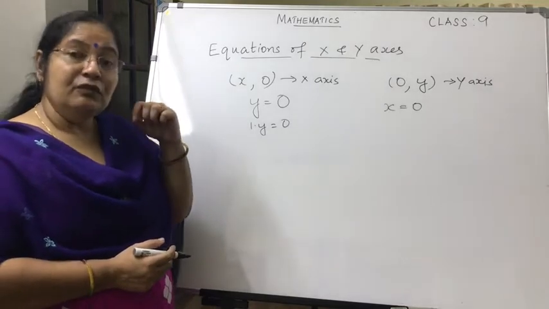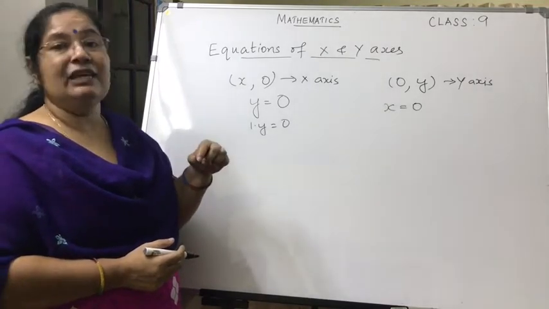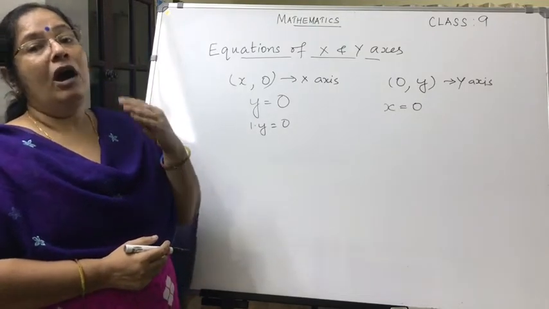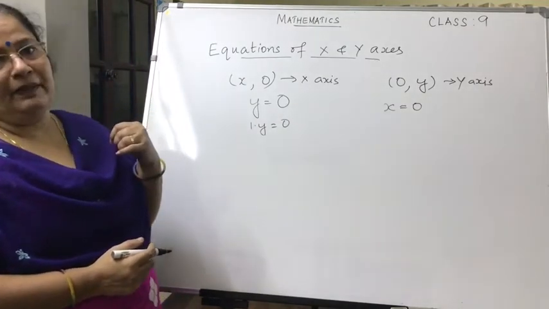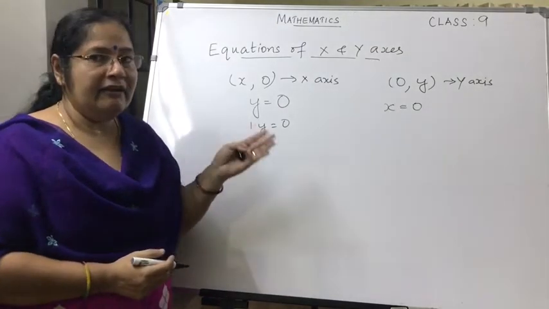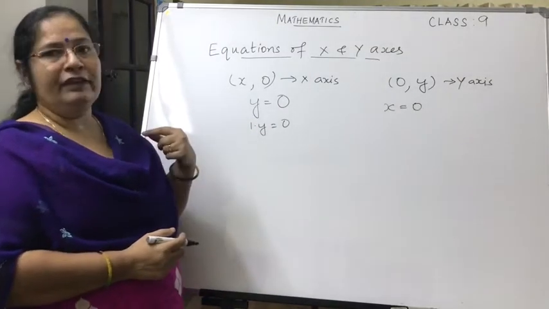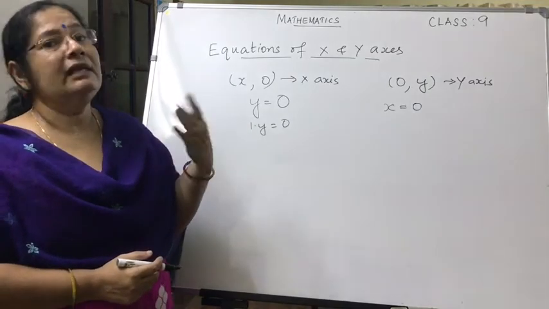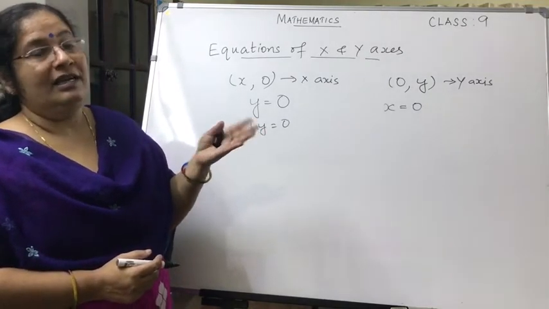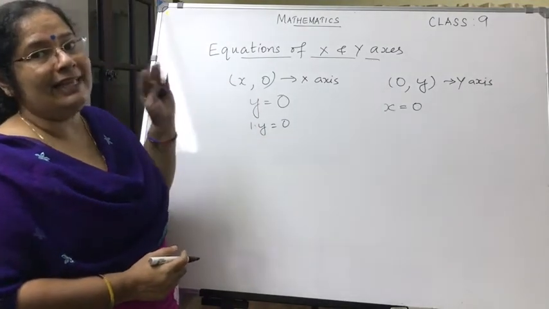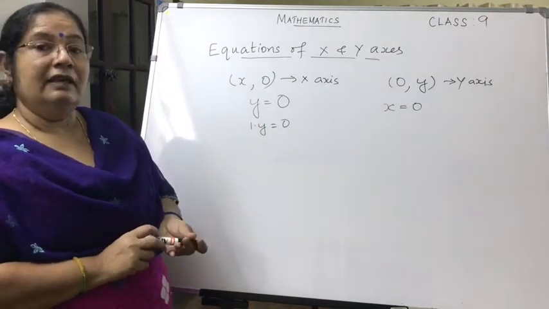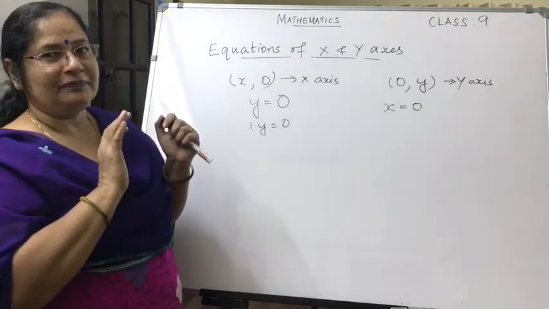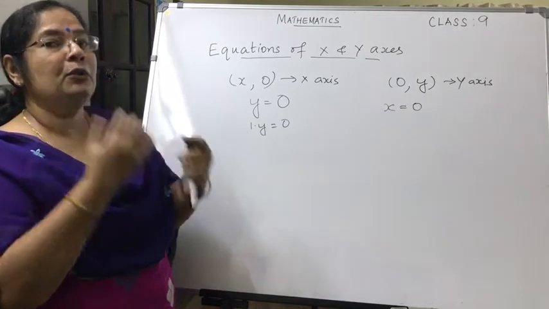But we can write this equation in two variables also. Now how are you going to write that in two variables? Two variables means you should have the x variable also along with that. But we cannot write it as x. Why? Then that equation becomes a different one. That will not be the equation for the x-axis. Which means there should be x but with no value.